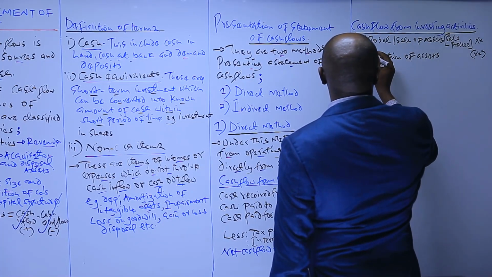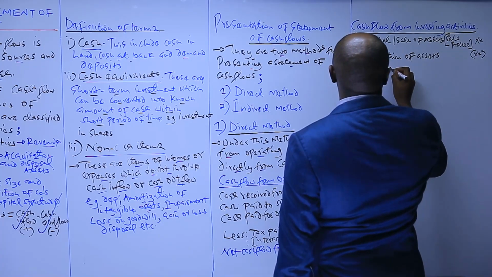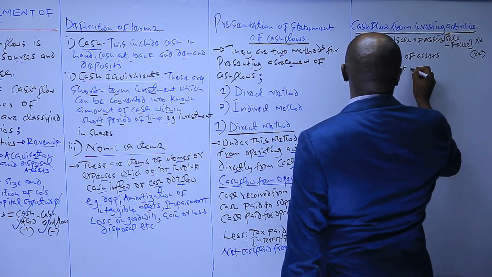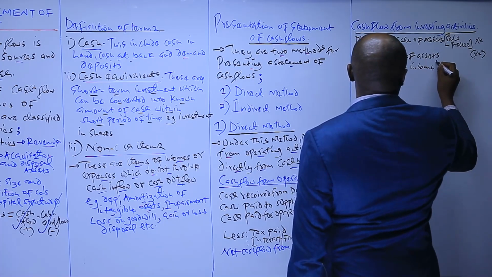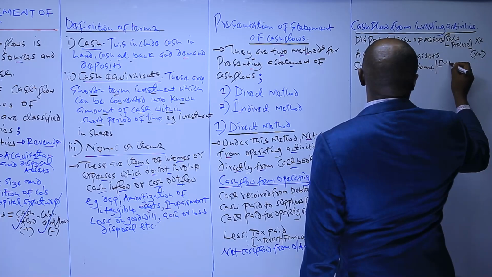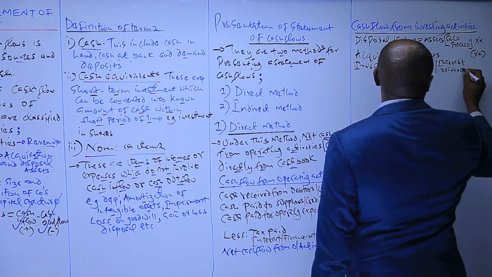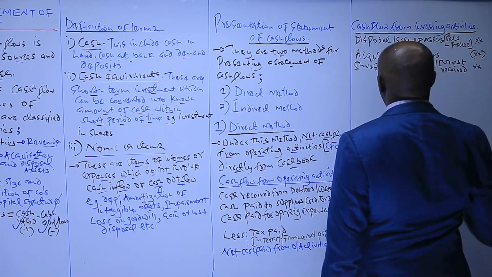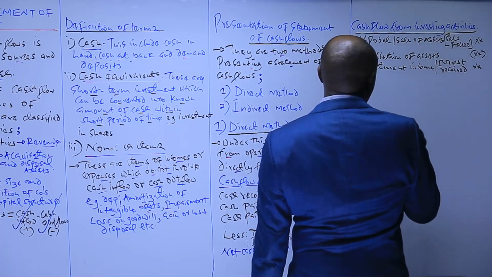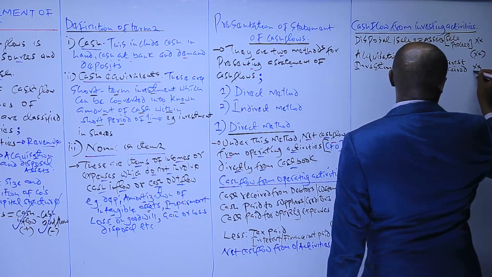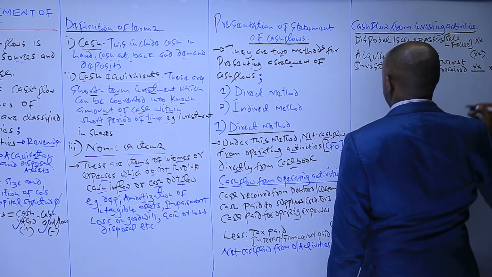And then what we also consider here is any investment income received. In some questions, you can be given this as interest received. Interest received is a form of investment income. Basically, we get the total amount.